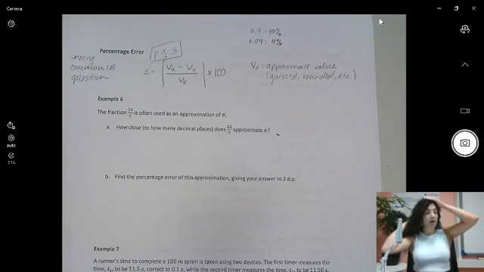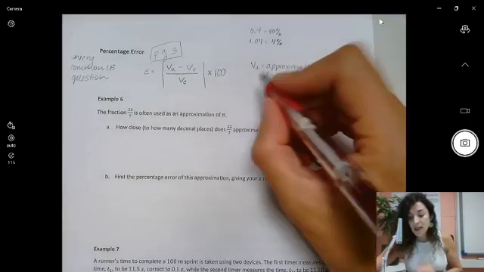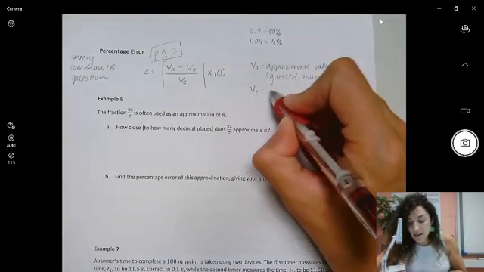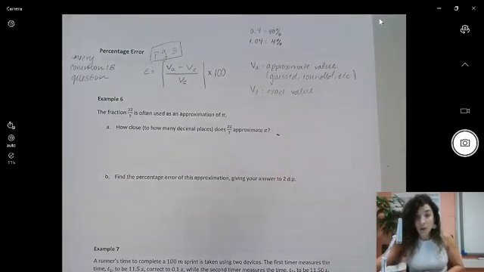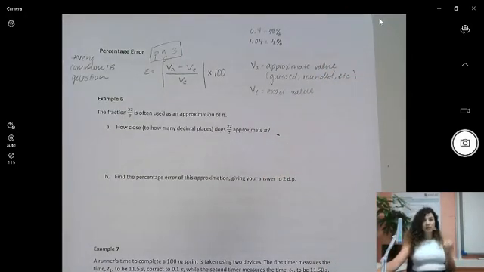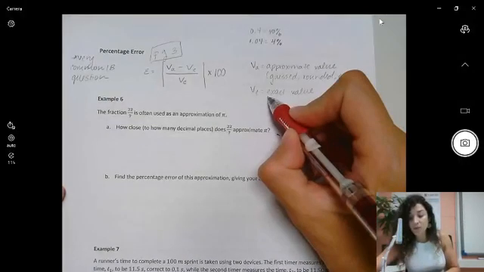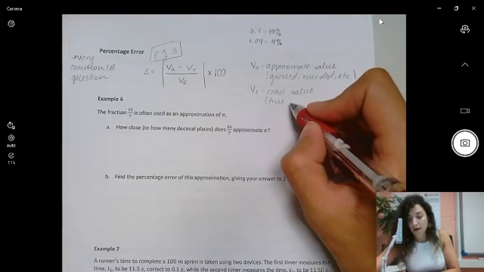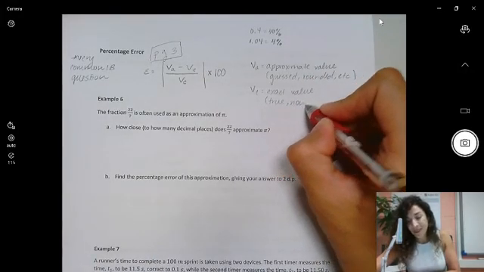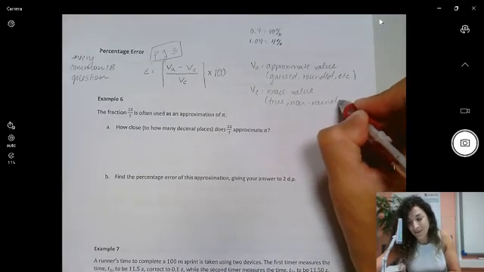The VE is V exact. It's our exact value. No rounding, no approximation. You have to put the exact value of what it is. Now, it could also be the true value, or the non-rounded value.